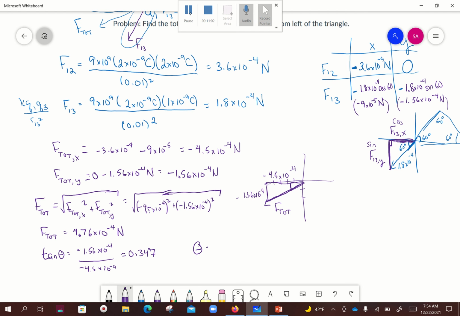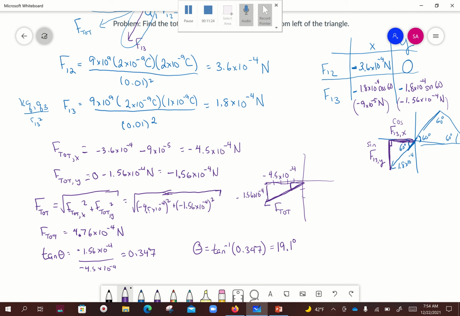So to get theta, theta is going to be the inverse tan of 0.347. And again, always make sure your calculator's in degrees before you start. So take sine of 30. If your calculator doesn't give you 1/2, then you know it's wrong. All right, so your calculator is going to pop out a number of 19.1.